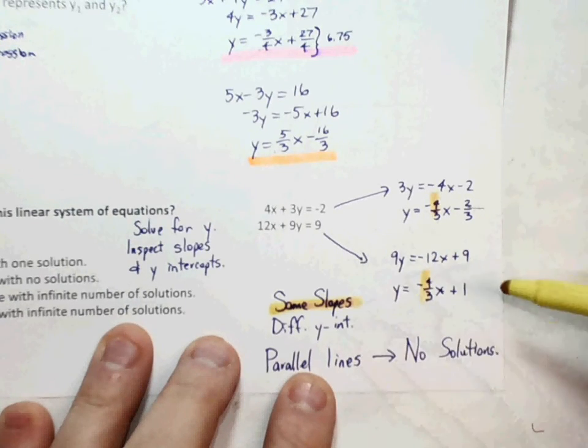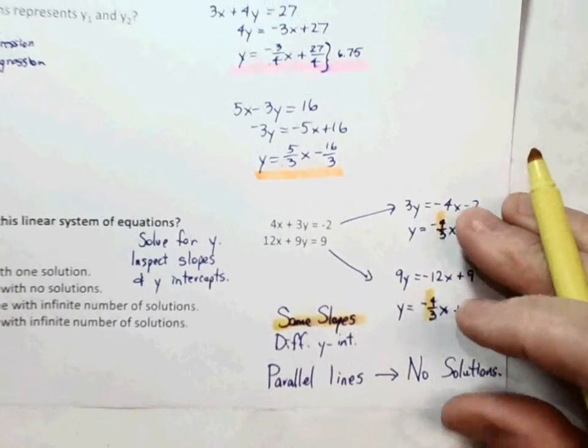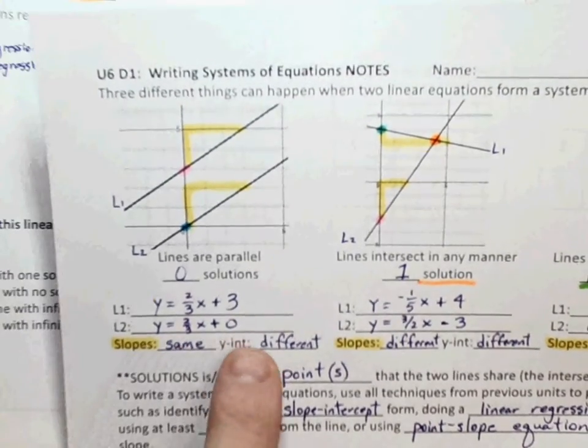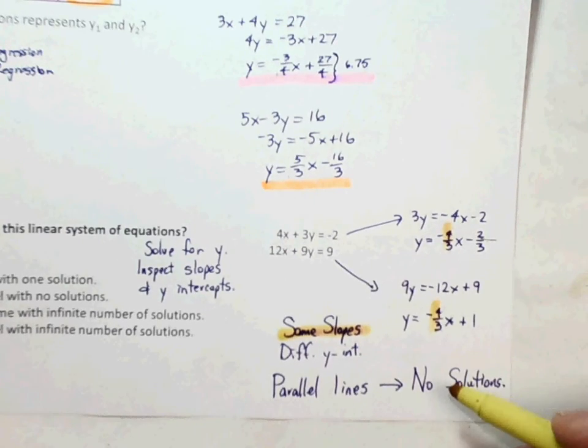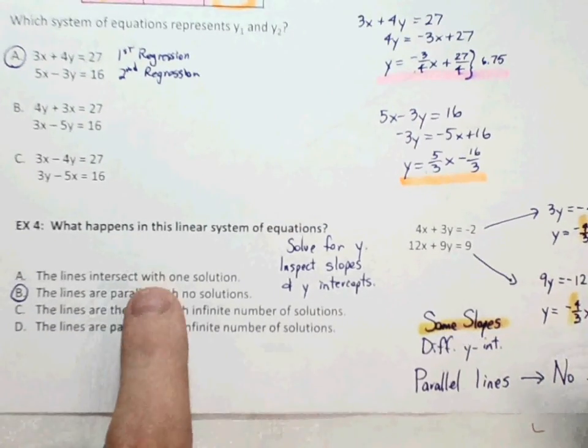They're different. Don't care how, but they're just different. So what does that mean? Same slope, different y-intercept. These guys are parallel. How many solutions do we have with parallel lines? None. Why don't we have solutions? They don't cross. So there's your answer.